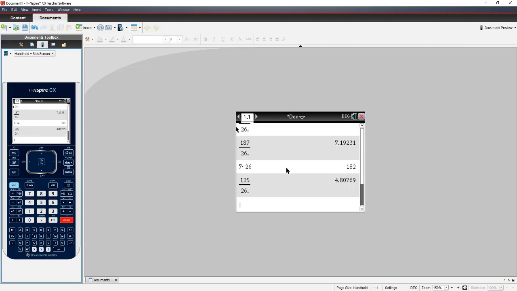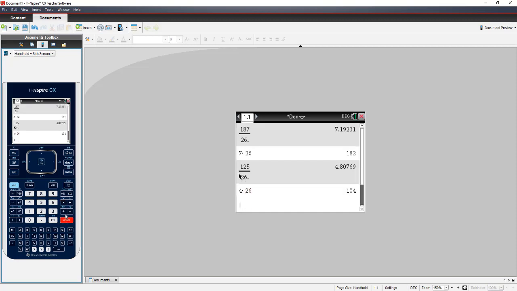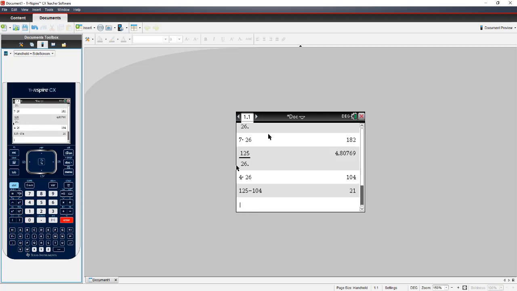So I'll multiply the integer part, not the decimal, but the 4, times 26, which is 104, and then take that away from the 125 I started with. So 125 minus 104 is 21.